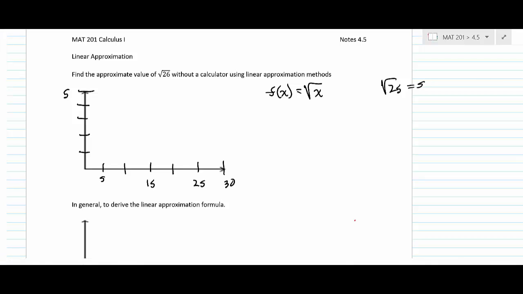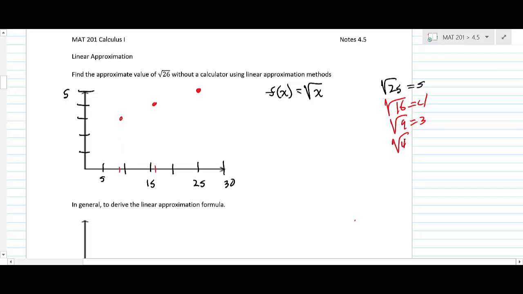Then we're just going to plot some points. You can do all this in your head. The square root of 25 is 5, so you have that. What's something else you know? The square root of 16 is 4, so if you go over to 16, you go up to 4. The square root of 9 is 3, so if you go over to 9, you're up 3.